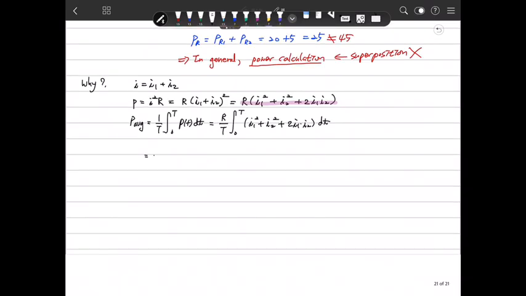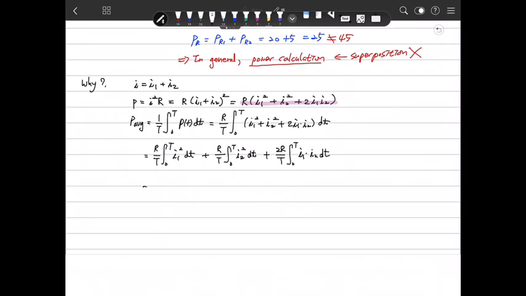So that will be the integral from 0 to T of I1 square dt plus the integral from 0 to T of I2 square dt plus 2 times the integral from 0 to T of I1 and I2 dt.